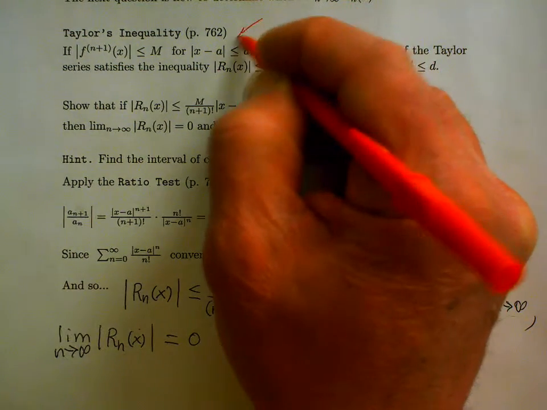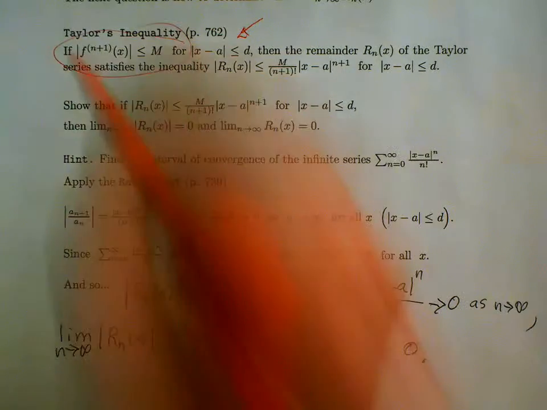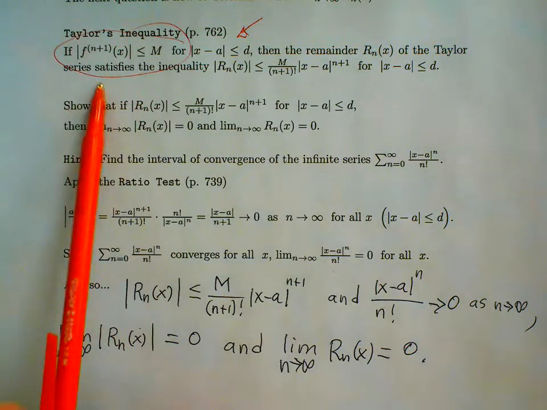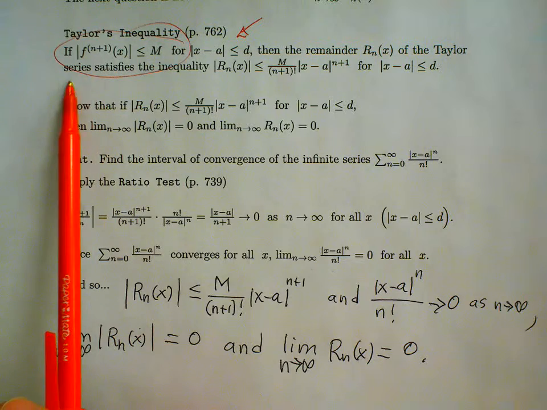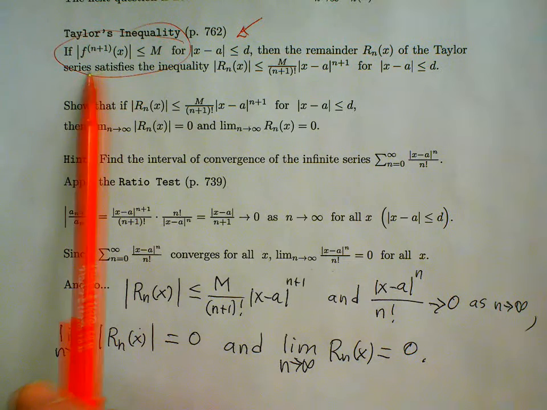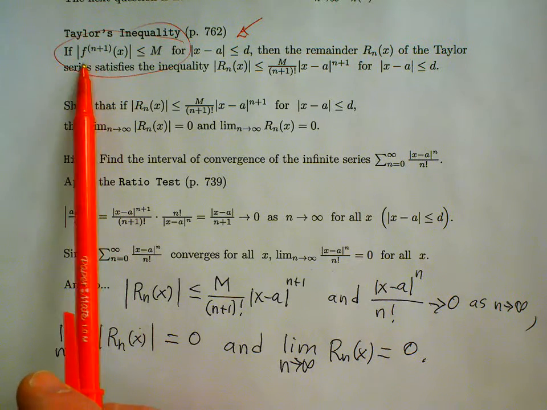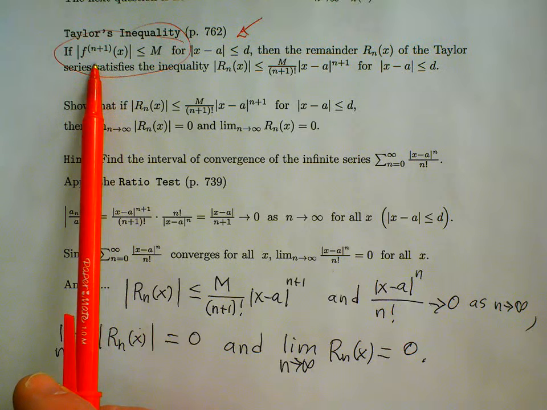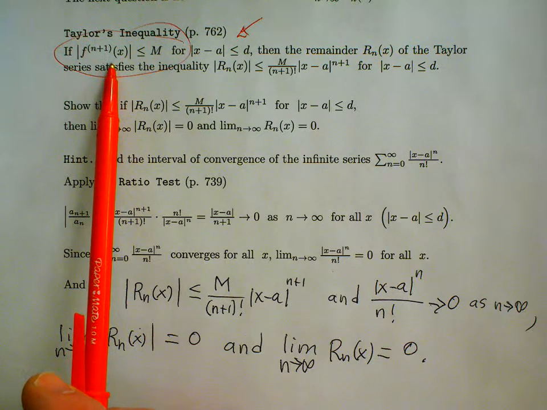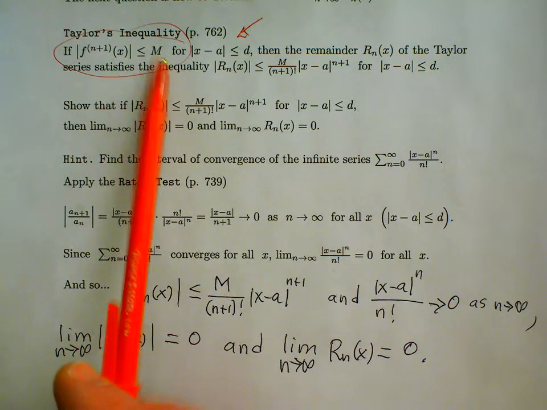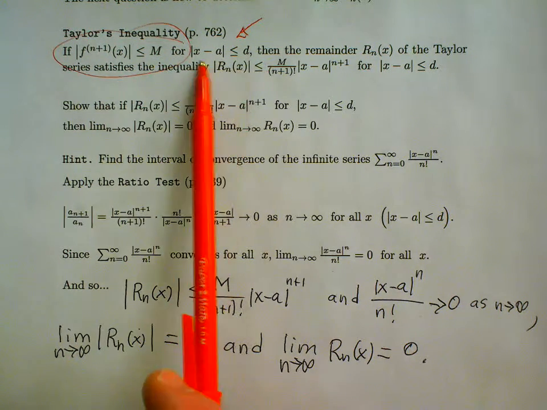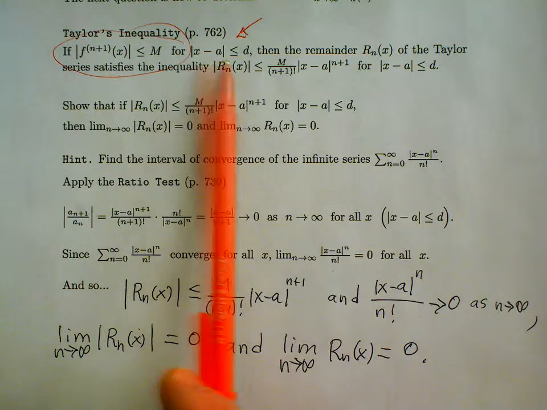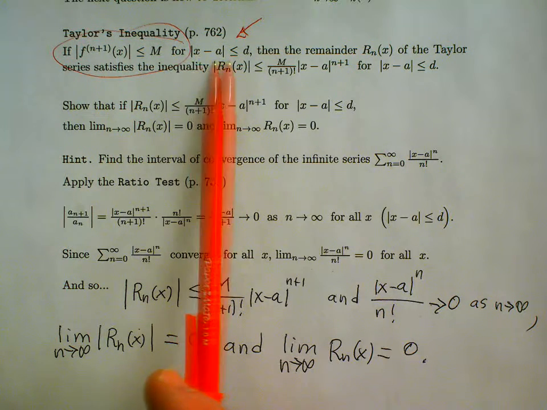So what we want to remember is if we are ever called upon to show that a function is equal to its Taylor series at a, then we have to show that the absolute value of the n plus first derivative is less than or equal to some number capital M for all x values that are within the interval of convergence.